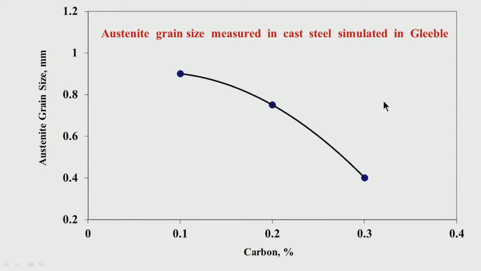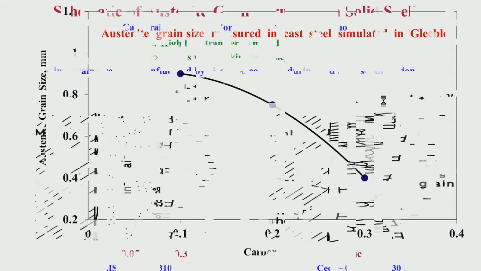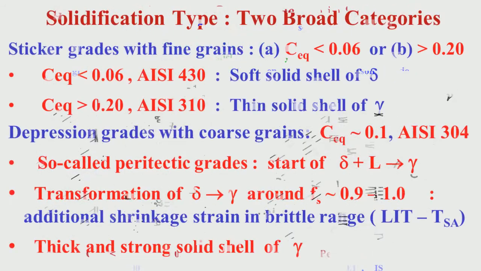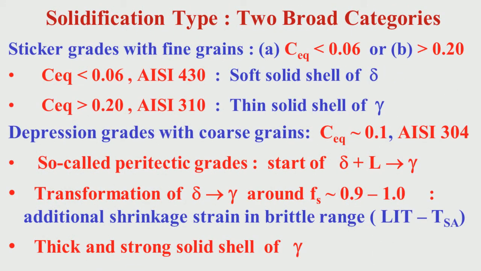So, we have tried to explain that depending on the type of solidification, there are two broad categories. One is sticker grades, which have a sticking tendency during solidification, and the grains will be finer, as I have explained.